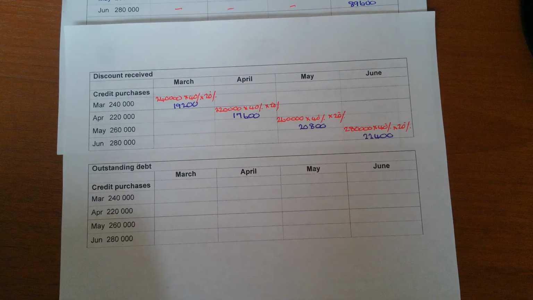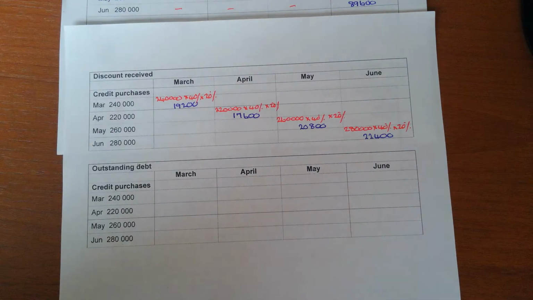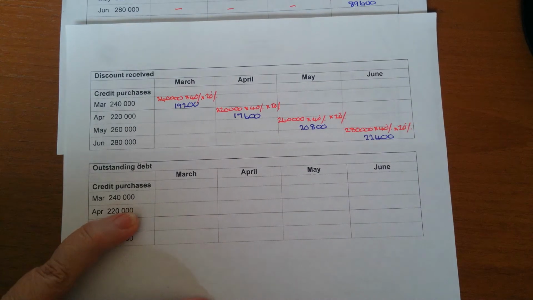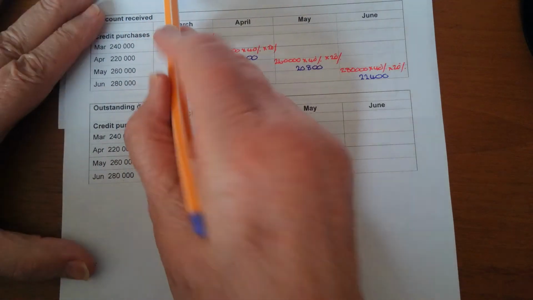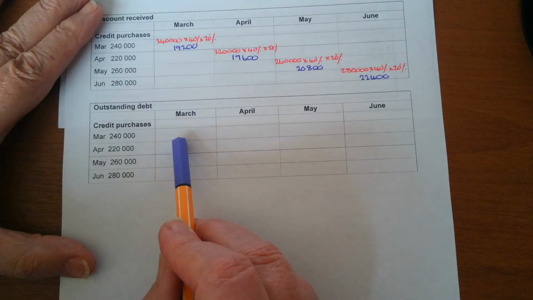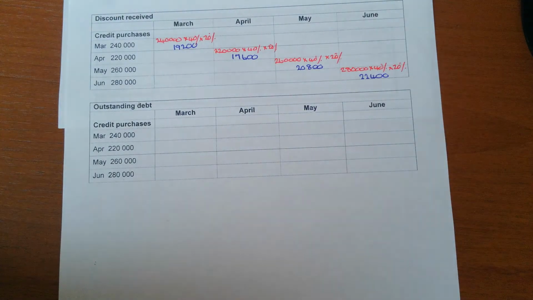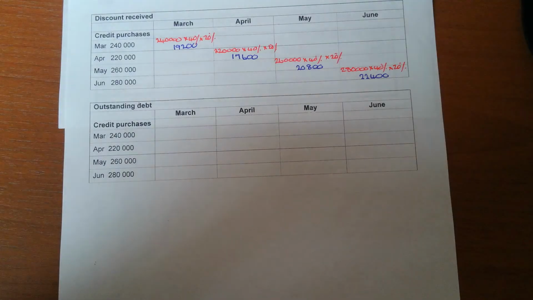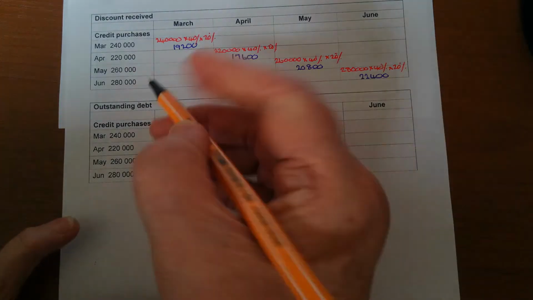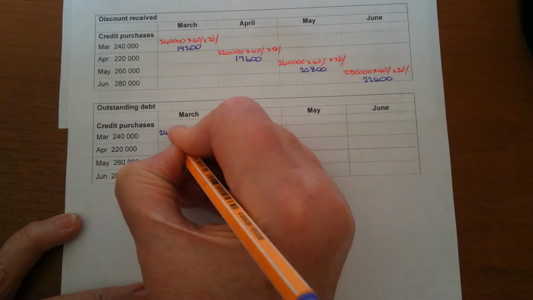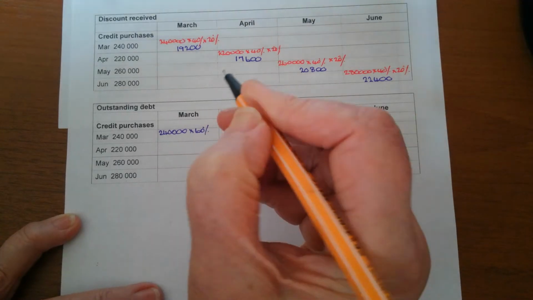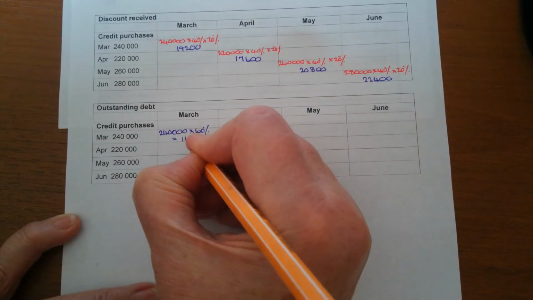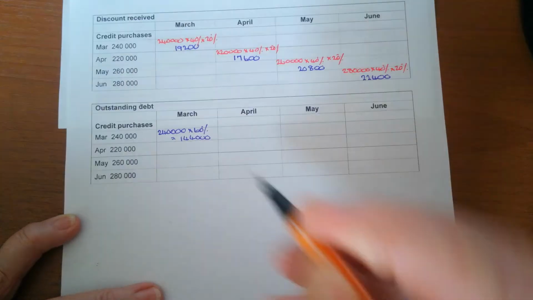If we want to calculate the outstanding debt at the end of March, during March, they paid 40%. So at the end of March, they still owe 60%. So it means that we have to work out what is the 60%. So I will take the 240,000 and multiply that with 60%, and that will give me 144,000 rand.